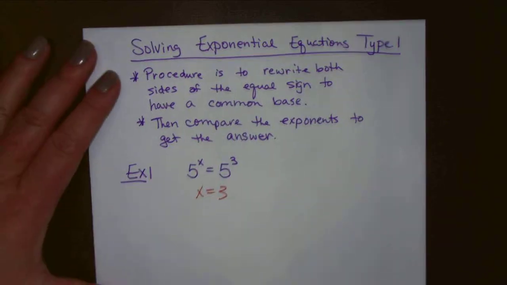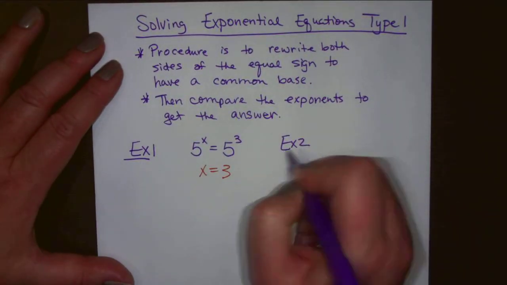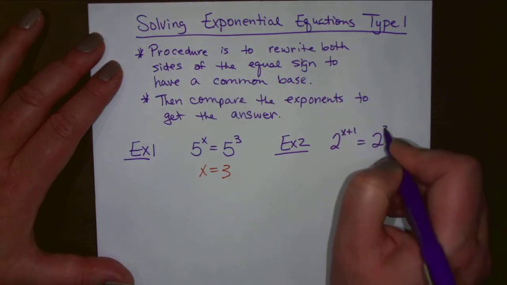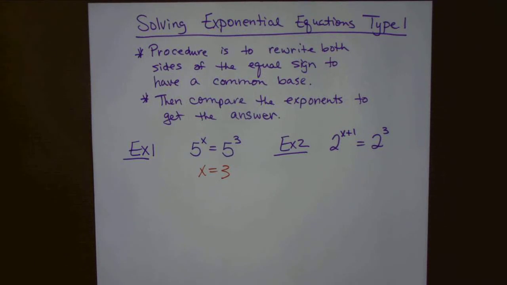One more easy one like that. Example 2: 2 to the x plus 1 equals 2 cubed. A little bit more complicated, you might have to think a little more. I still want you to be able to do this in your head, without writing anything down. What would the answer be? x would have to be 2, because 2 plus 1 is 3, and this side is 3.